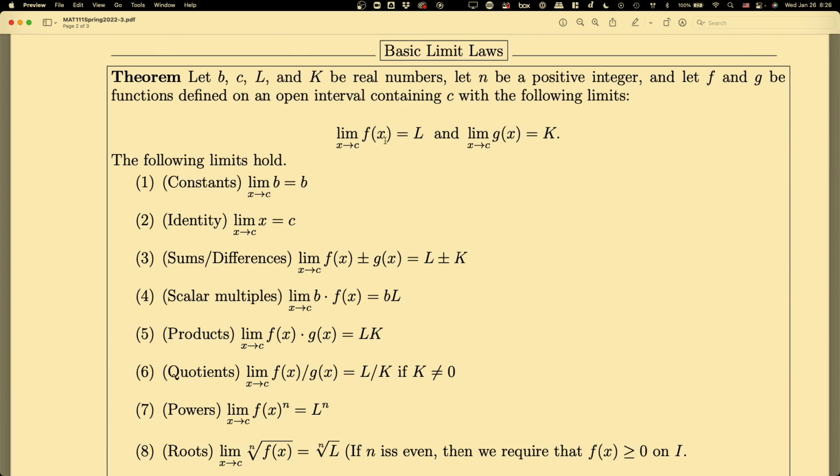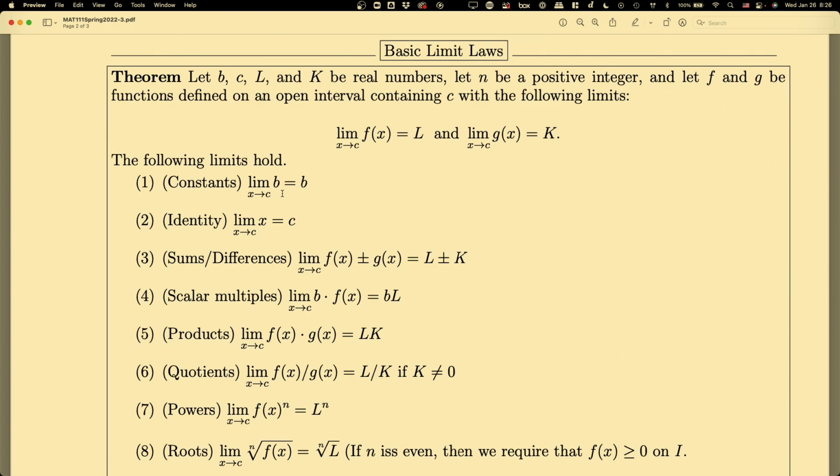Okay, now let's talk about the first two of these identities. The first one, if I take the limit of a constant function, what do you think I'm going to get? That constant. Last time I checked, that's the definition of the word constant.